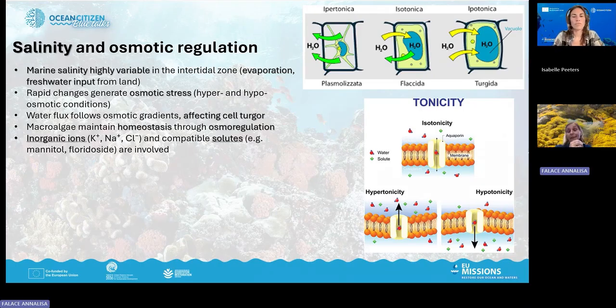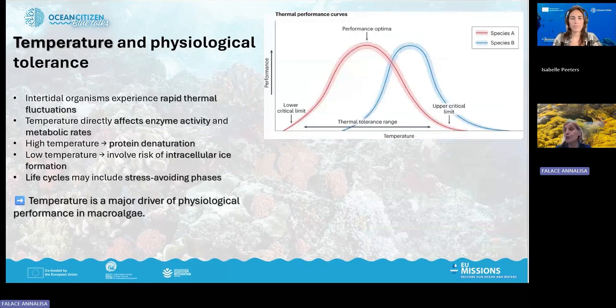So the algae that can live in this environment have the capacity to osmoregulate and to respond to these changes in salinity, concentrating, for example, inorganic ions or also some sugars or other substances. Temperature is another very big driver for the physiological performance in macroalgae, as temperature affects enzymatic activities, but also the metabolic rate.